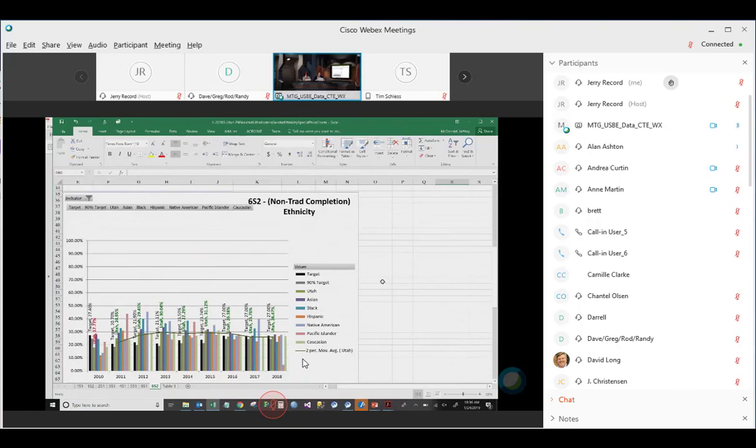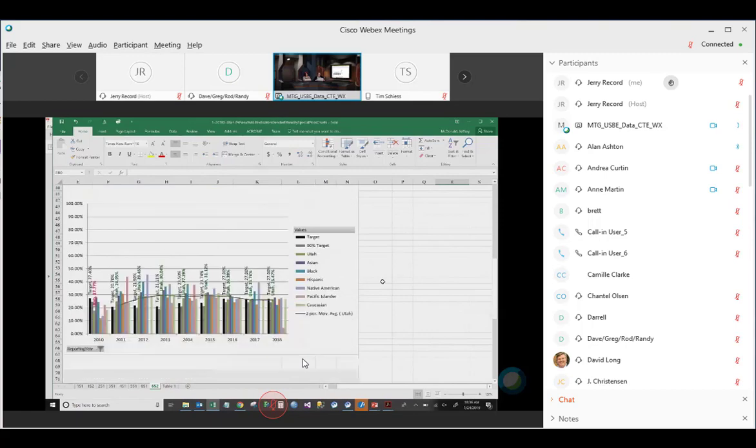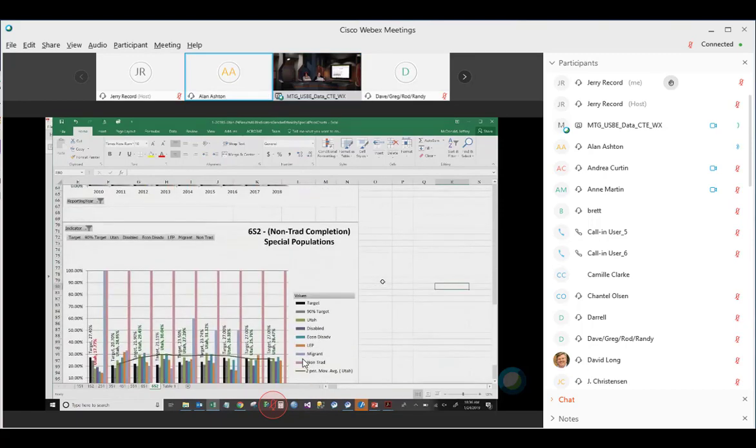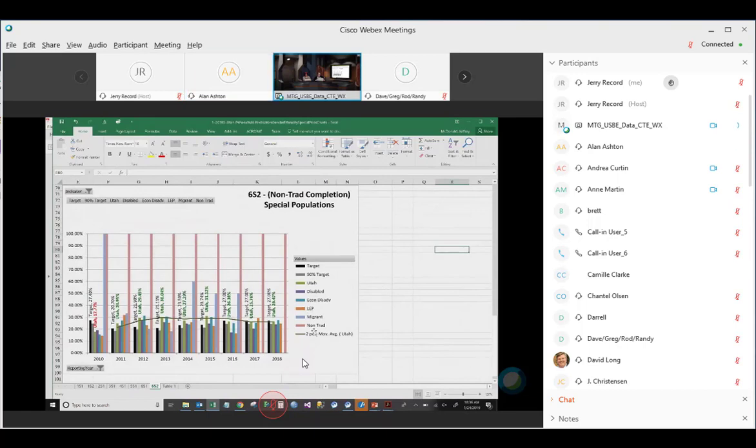Ethnic groups, pretty close except for, what is that, Pacific Islanders, really low for 2018. Here are our special populations, and again, non-trad is at 100% like it should be. In 2010, migrant was at 100%, and that again could be because the N size is very small.